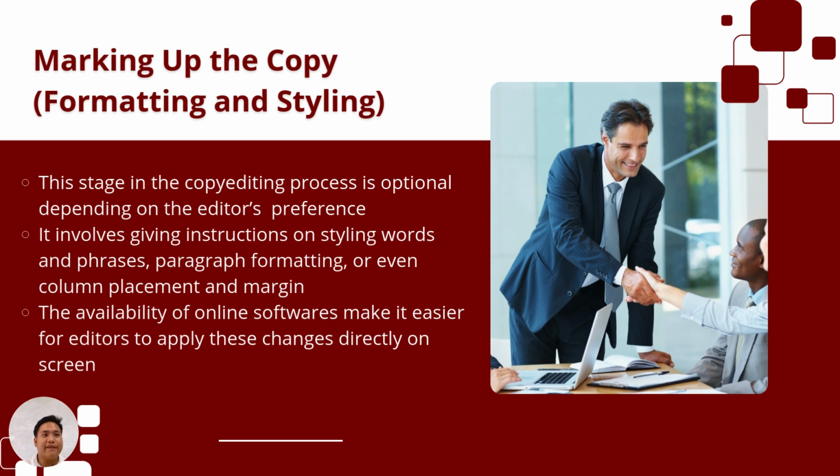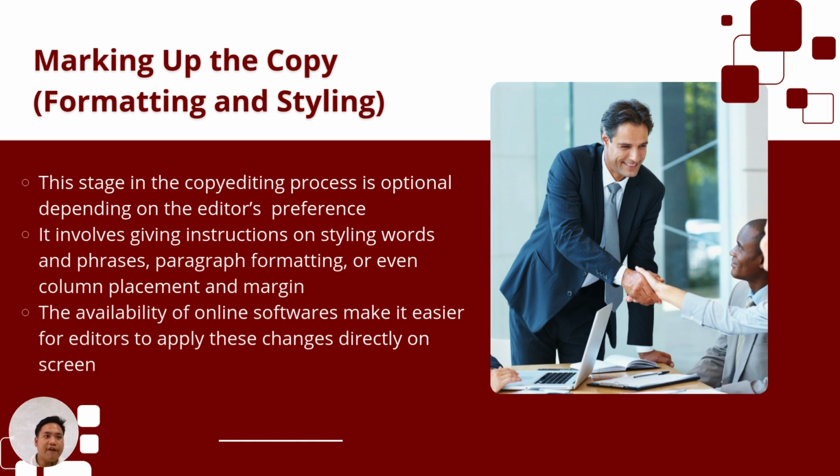So it involves giving instructions on styling words and phrases, paragraph formatting, or even column placement and margin. So here, the editor provides instructions on how the copy should appear, including word styling, paragraph formatting, and even column or margin placement.